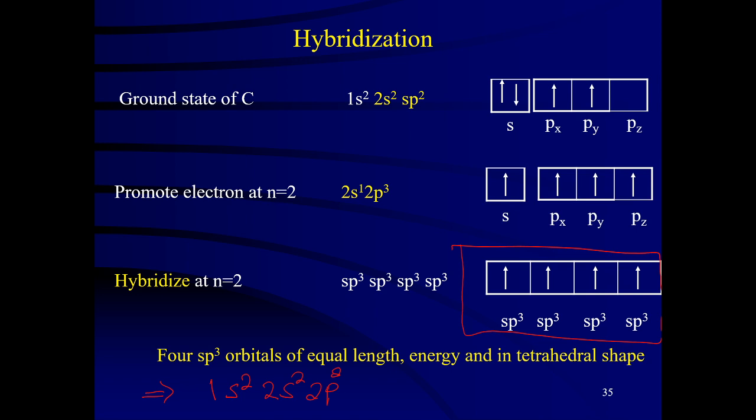Hybridization will only take place where the quantum number n equals 2. Remember, according to the definition, it only deals with the valence orbitals. Then you know that valence orbitals are occupied by valence electrons.